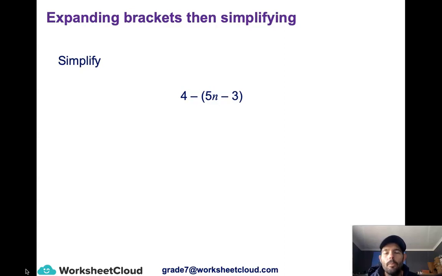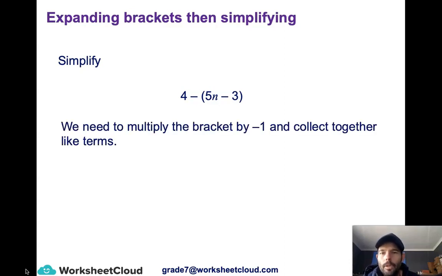Here's another example, and I've put in this example because I've got 2 negative signs. On the previous example, if you go back, there was a positive and a negative sign. So here, same rules apply. Remember that we do not write 1. So in actual fact, that is 4 minus 1 times 5n minus 3 in brackets, but we don't write the 1.